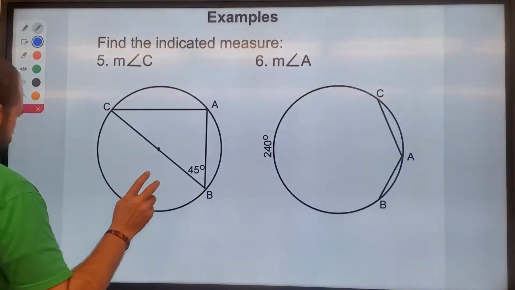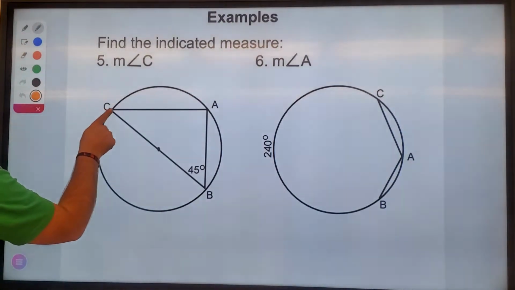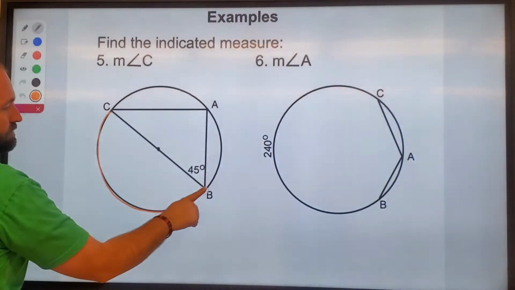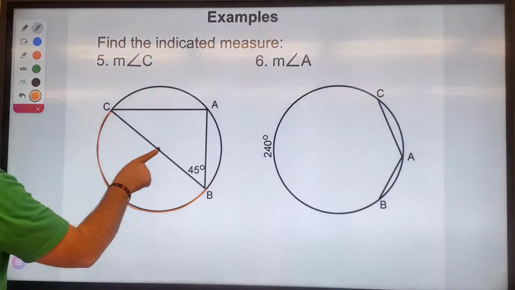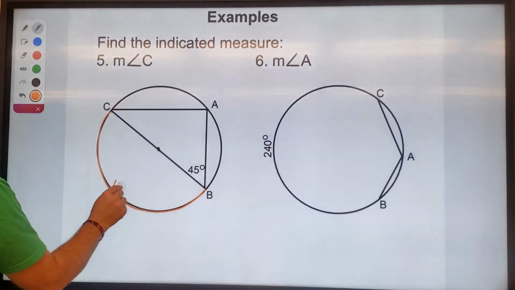Okay, method 1 is to say that from C to B, going around this way, that is indicated to be a half circle. So this is a semicircle. This is 180 degrees.